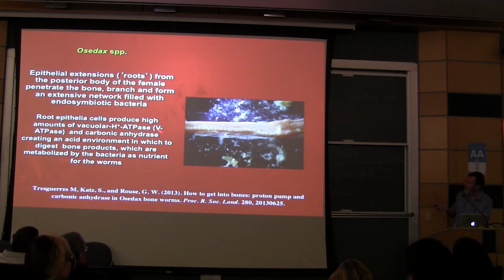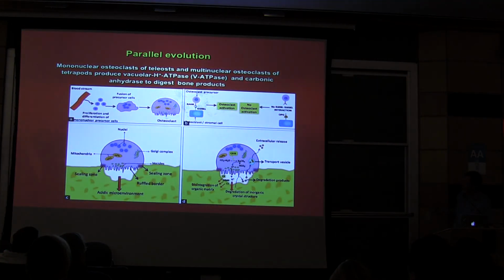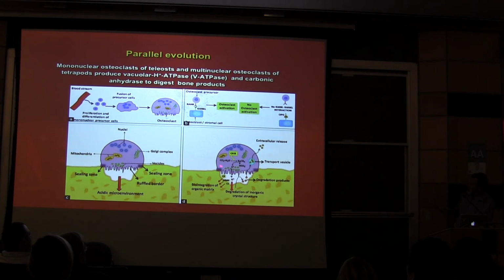This is in the epithelial extensions of the back end of a female worm. The other place where you see these enzymes is in the mononuclear osteoclasts of teleosts and the multinuclear osteoclasts of tetrapods, which produce the same sorts of enzymes and proton pumps in this highly specialized cell with these highly integrated and diffuse connections to the bone to dissolve bone in vertebrates.